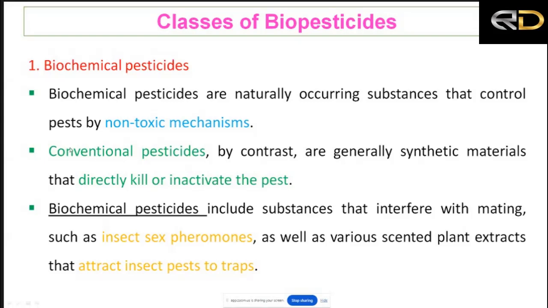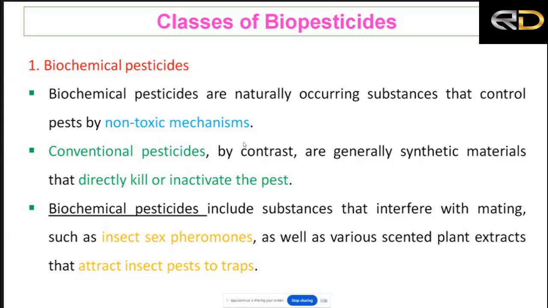Another example is various scented plant products which are very much attractive to some groups of pests. We keep them where we have kept the traps, so the insect pests are attracted towards those scented extracts and can be destroyed later.